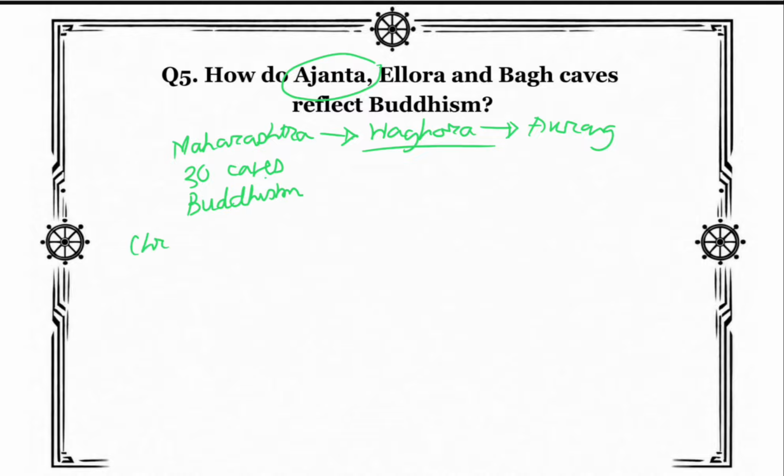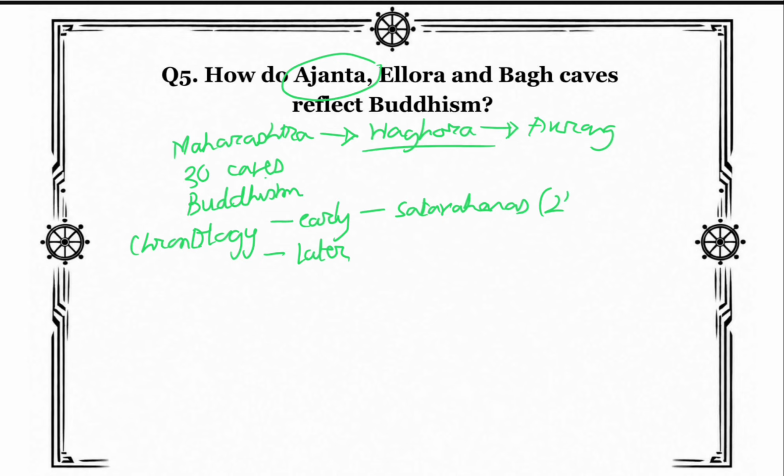In terms of chronology, it is divided into early phase and the later phase. The early phase was when the Satavahanas were active, which makes it 2nd century BCE and 1st century CE.